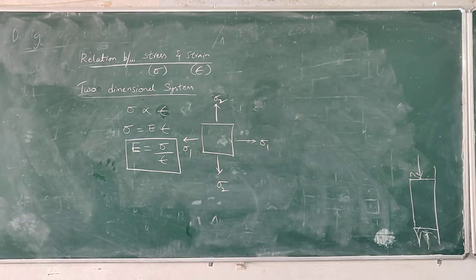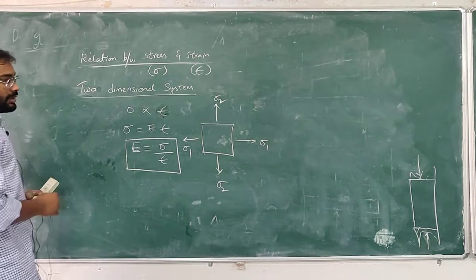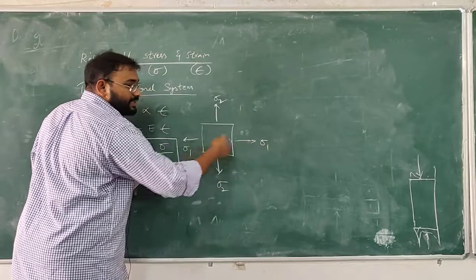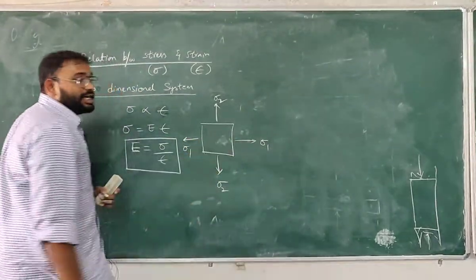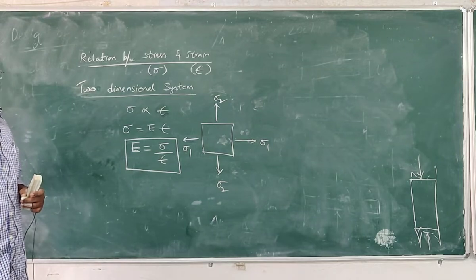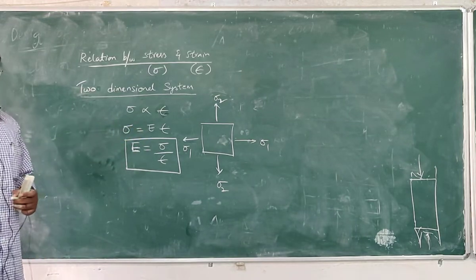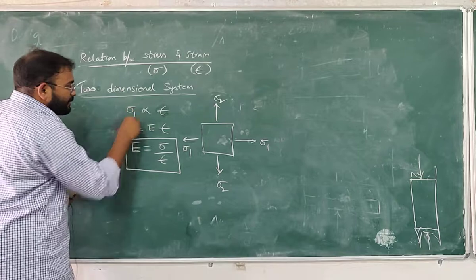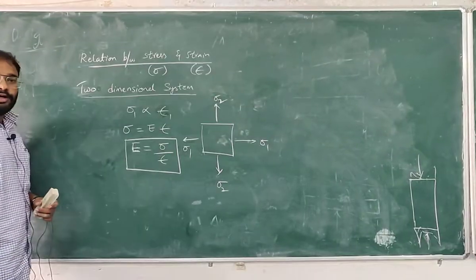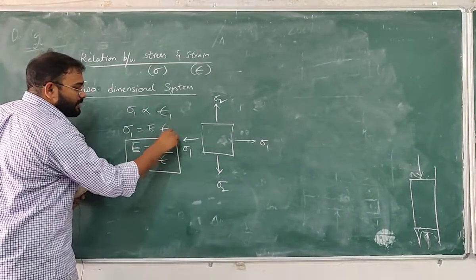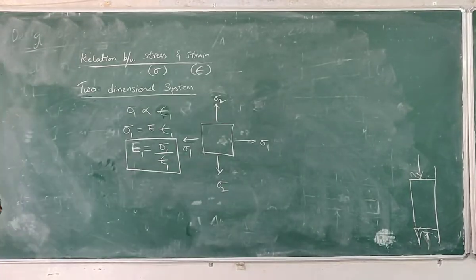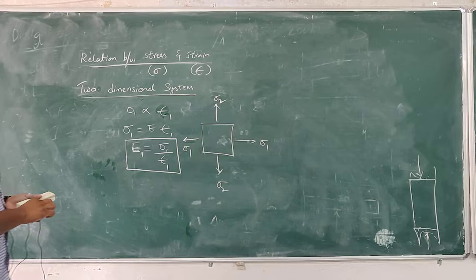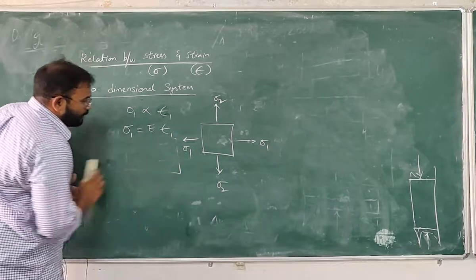Okay, now because of this direction force, this is an axial force, so this will cause longitudinal strain. Okay, this will cause longitudinal strain. So sigma 1 will be proportional to epsilon 1. Or we'll write in terms of epsilon.